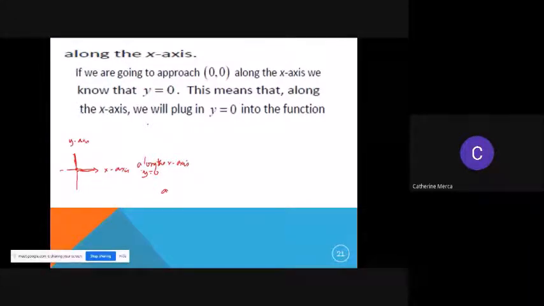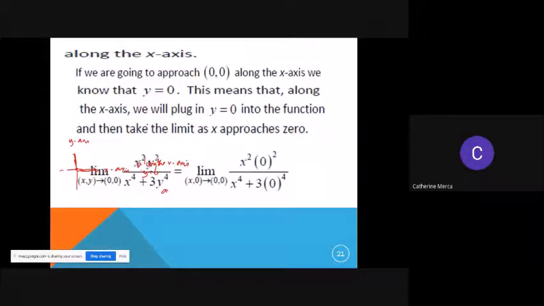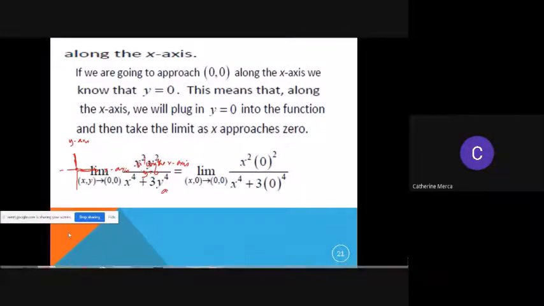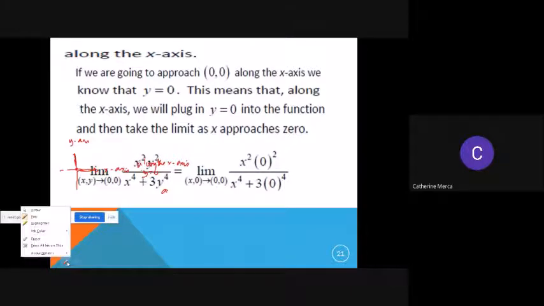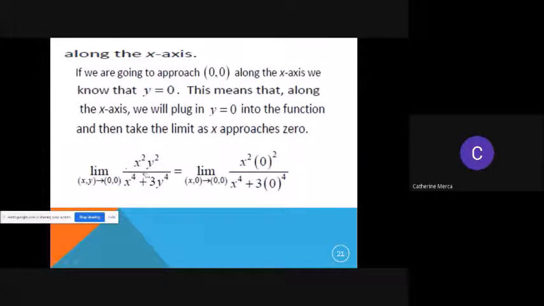Along the x-axis, you can plug in y equal to 0 into the function, and then take the limit as x approaches 0. How do we do that? It's long, so I will write it out so you can see. The general function is x squared y squared over x to the fourth plus 3y to the fourth.